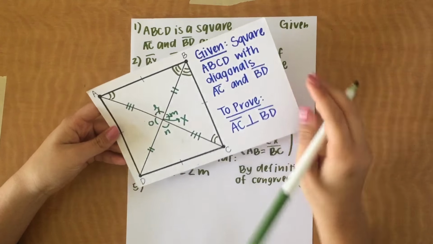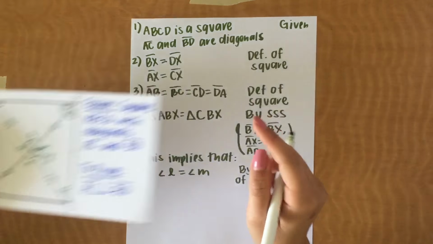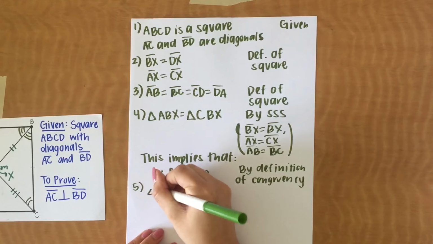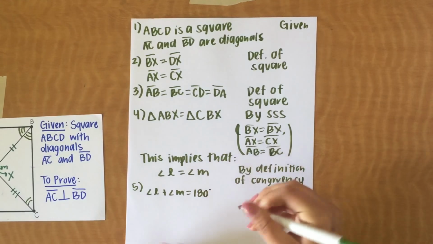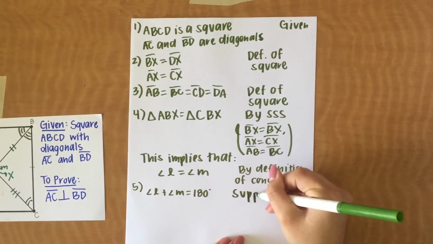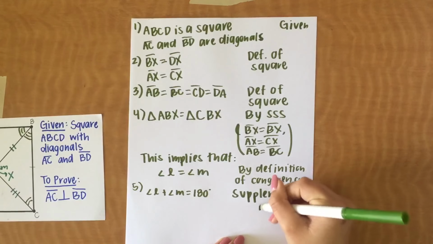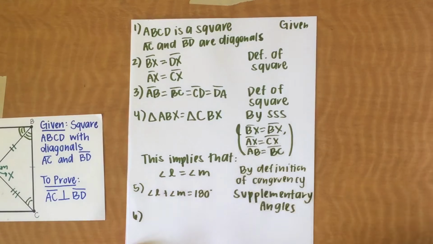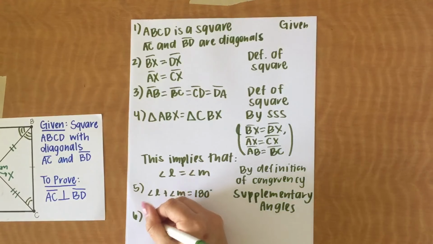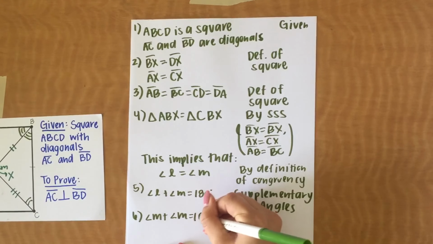Okay, so let's see what else we know. We also see that L and M are supplementary angles. So we know that angle L plus angle M is going to be equal to 180 degrees. This is supplementary angles. Then for 6, we can just substitute. We know that angle L equals angle M, so angle M plus angle M is 180.